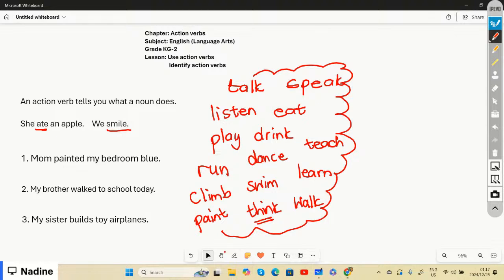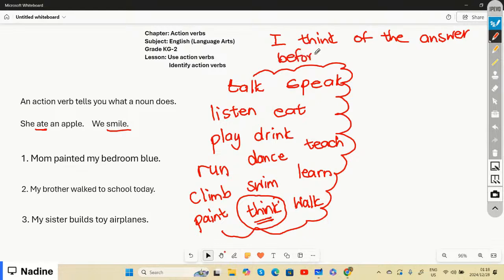If I can give you one example, then we can maybe say, I'm going to use the word think. Then I'm going to say that I think of the answer, full stop, or you can say I think of the answer before I respond, or before I say it, right?